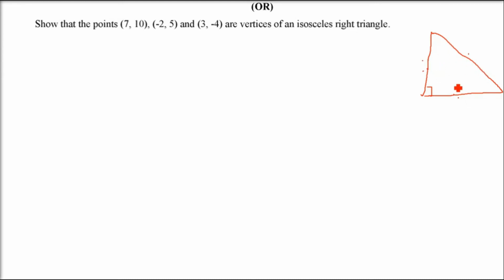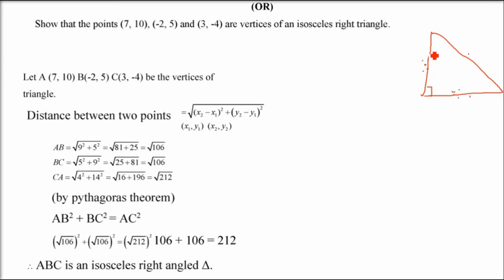In a right triangle, the hypotenuse is always bigger than the other two sides, so the hypotenuse cannot be one of the equal sides. So those two sides which have the 90 degree angle between them are going to be the equal sides. Let us mark these points and use the distance formula, and then we will prove it using Pythagoras.